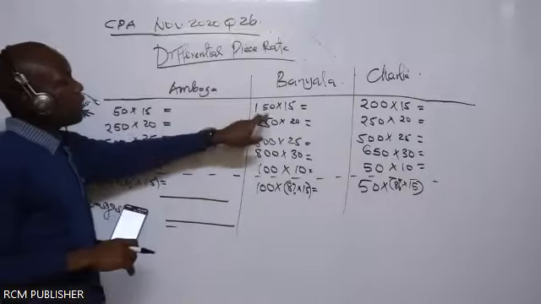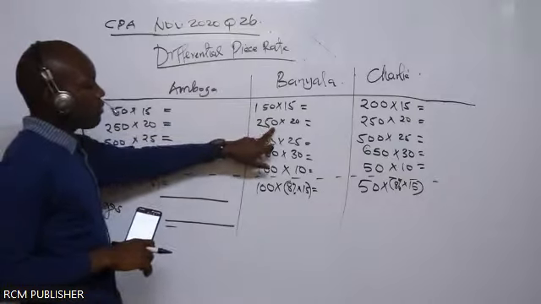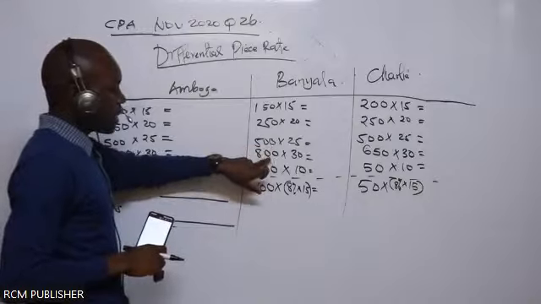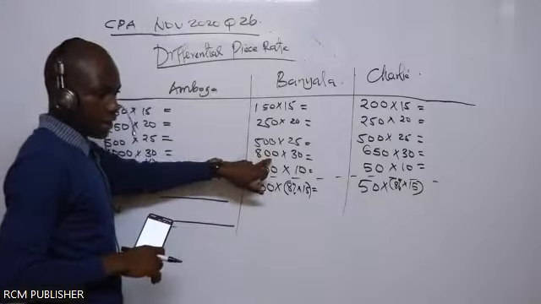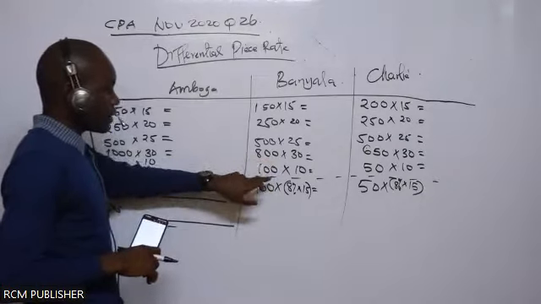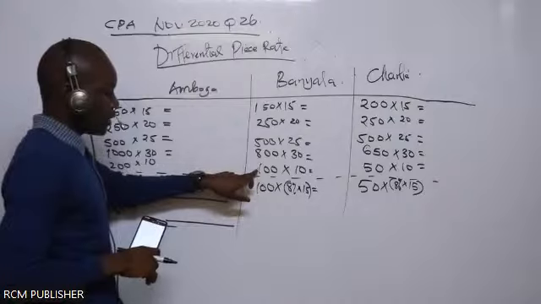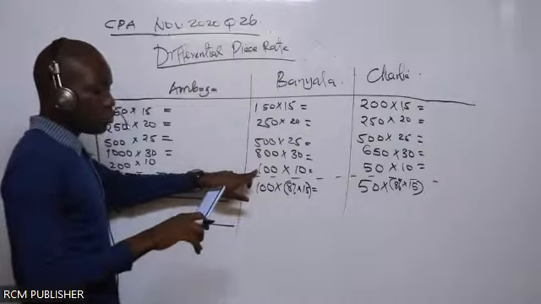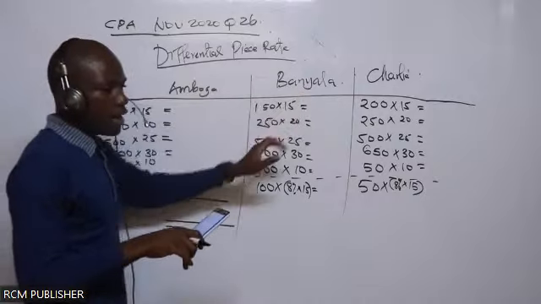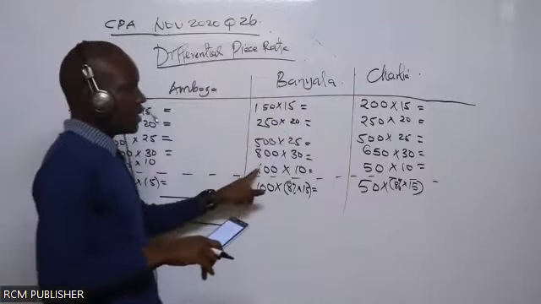Here, 150 plus 250, that is 400. 400 plus 500, that is 900. 900 plus 800, 1,700. You are able to see 1,700 plus 100 is supposed to be 1,800. So what do we have as the goods produced by Banyala? Total is 1,800.